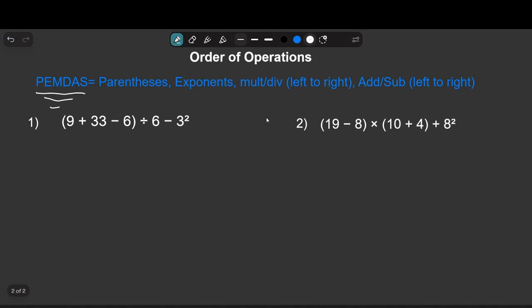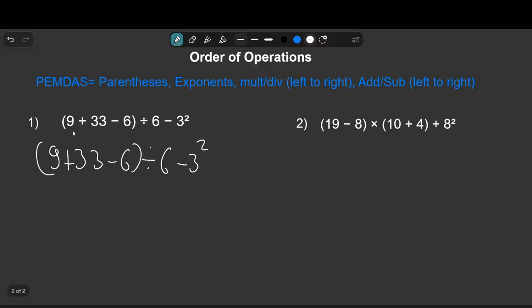So let's start with this one. We have 9 plus 33 minus 6 in parentheses, divided by 6 minus 3 squared. So first of all, we do the parentheses. What's inside of the parentheses? So let's write this down. 9 plus 33 minus 6, put them in parentheses, divided by 6 minus 3 squared.